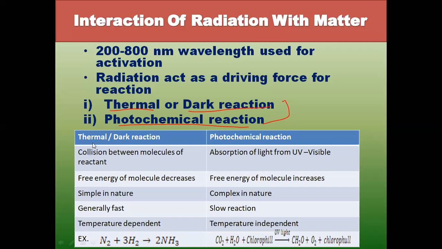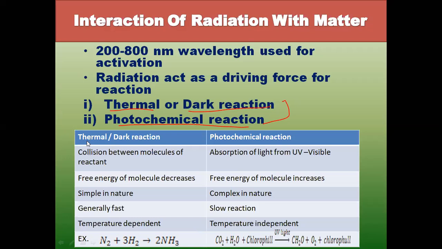So a thermal reaction is basically, we know that a reaction means there is an interaction of two reactants. Maybe there is one reactant, one reagent, one catalyst, but their interaction is most important. Activation is most important. So the reaction goes in the forward direction due to some driving force. If there is some driving force, the reaction goes in the forward direction.